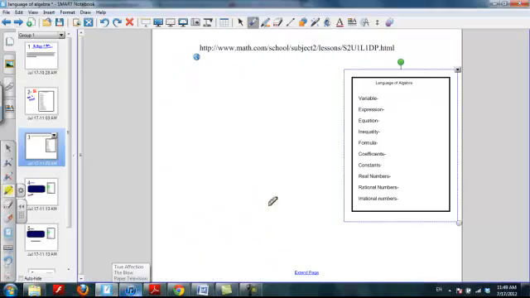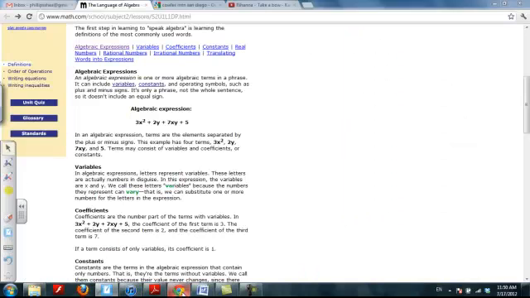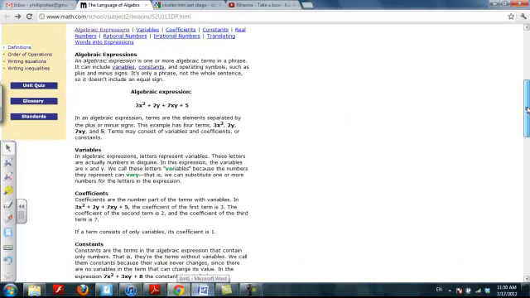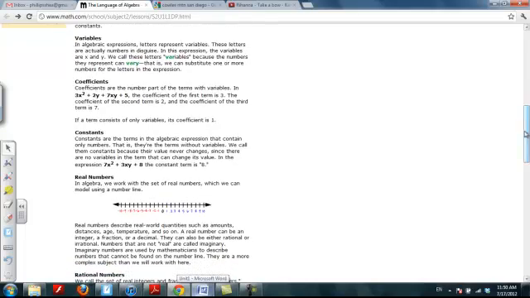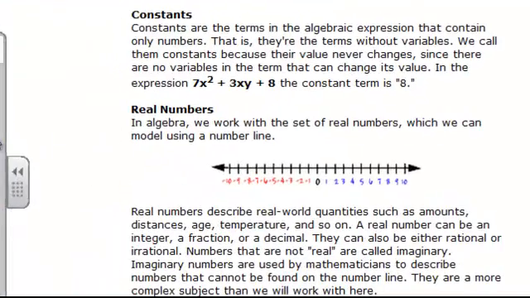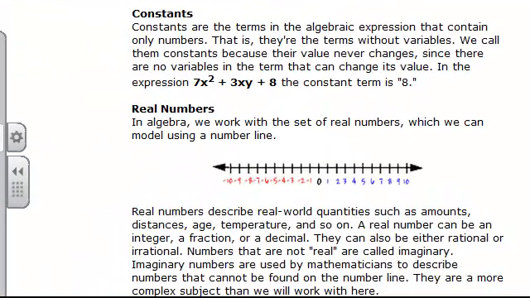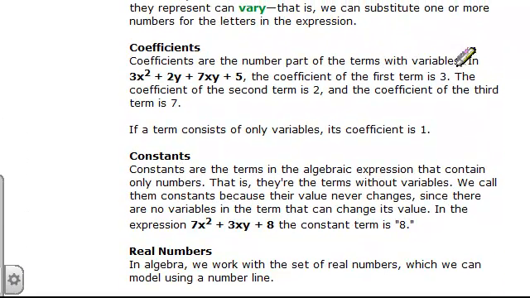The next one, we're going to skip equation, inequality, and formula for right now. Let's see what's next on this page. We have coefficients. So it says here that coefficients are the number part of the term with the variable. So here's an expression, 3x squared plus 2y plus 7xy plus 5.